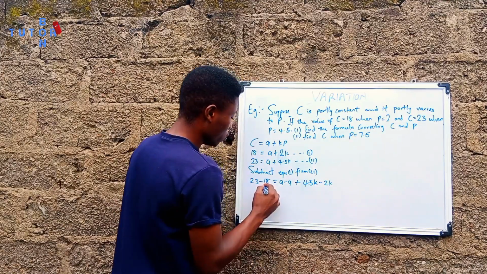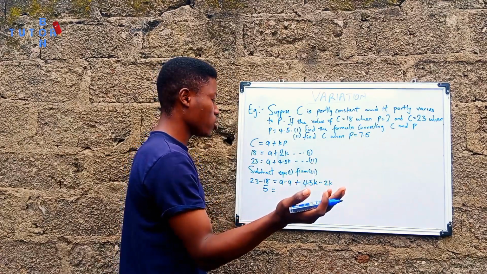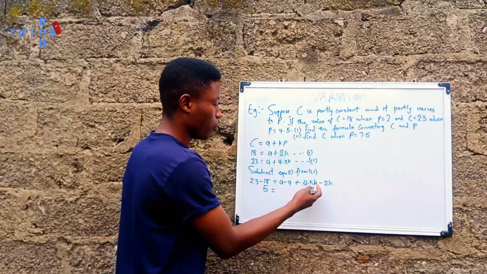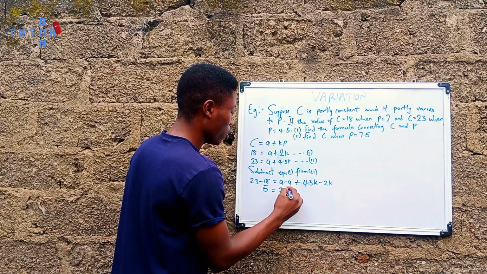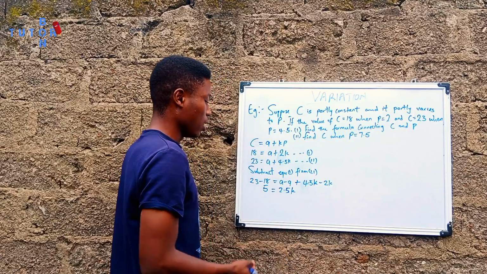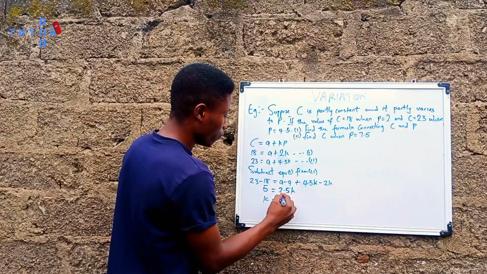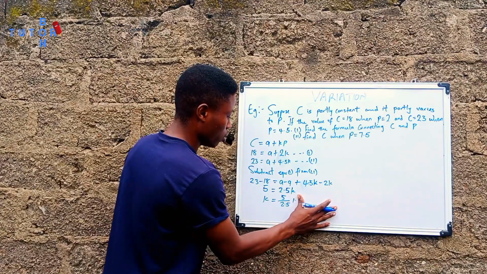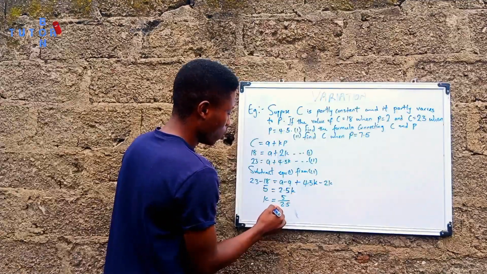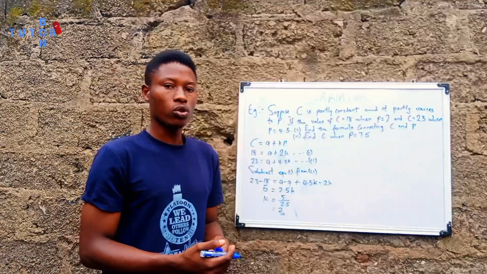So this will give you 5 equals A minus A, which will be 0, and you are left with 4.5K minus 2K, which gives 2.5K. And from this, your K will be equal to 5 divided by 2.5, which is equal to 2. Your K is equal to 2.